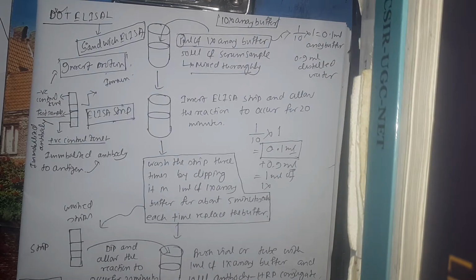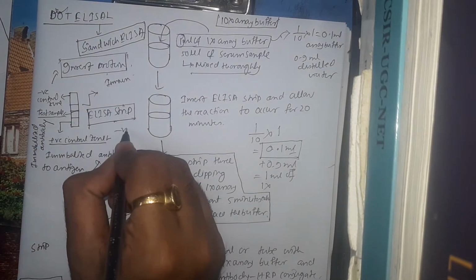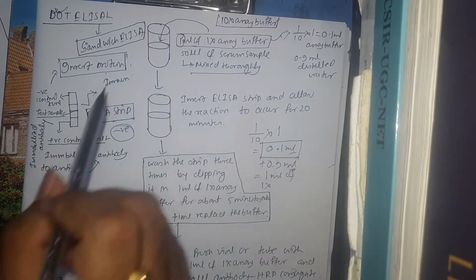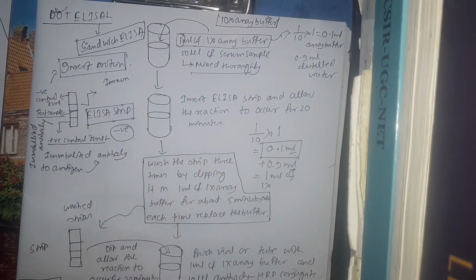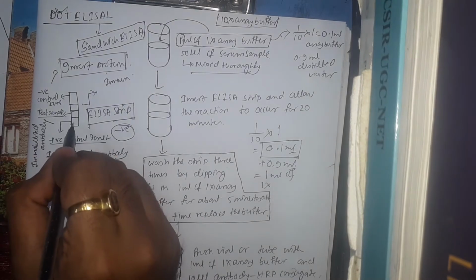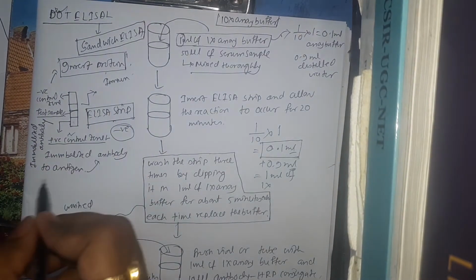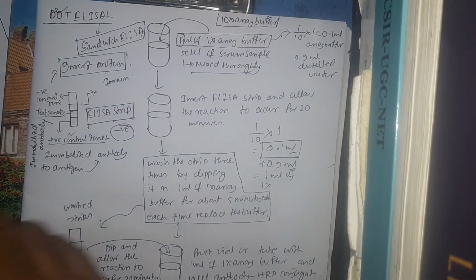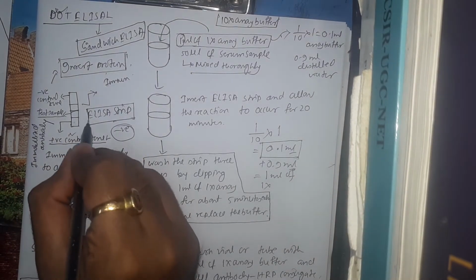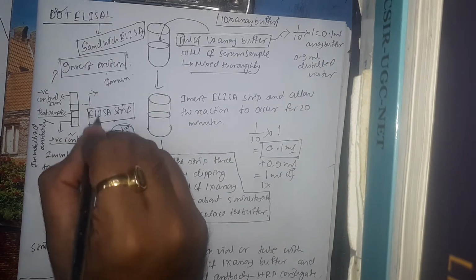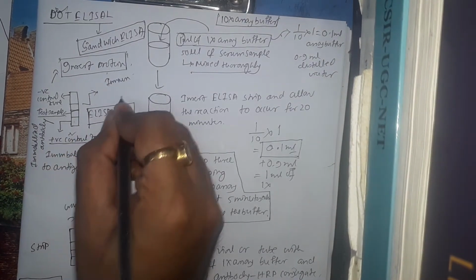Then you can easily interpret what your result will be after doing the whole process. What if the result is negative? That means antigen is not present in your serum sample. Then you will have a dot only in the positive control, because antigen is already present there. So when you add the secondary antibody, it will generate color.